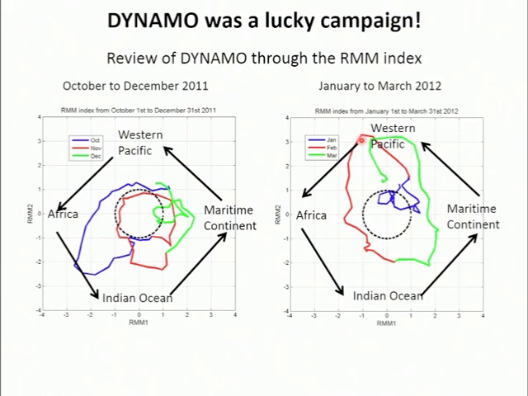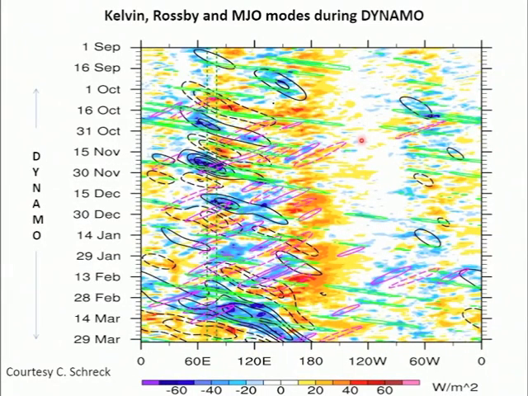So from this point of view for the RMM index, there was a multitude of MJO events that were observed. However, it wasn't only the MJO that was observed during DYNAMO.